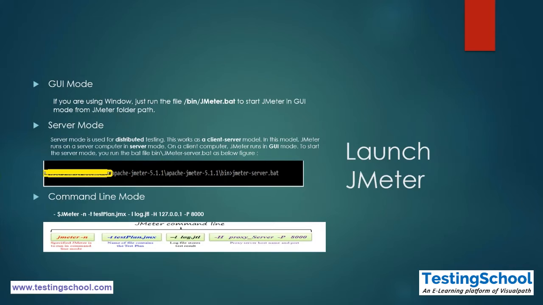You need to provide the command as jmeter -n, that stands for non-GUI mode, then -t, that is for test plan, and after -t you need to mention the whole path of your JMX file, which will be your script path, and after that you need to mention, sorry my bad, -l, that stands for logs, and after that you need to mention the result path where you want to save the result once the execution is completed.